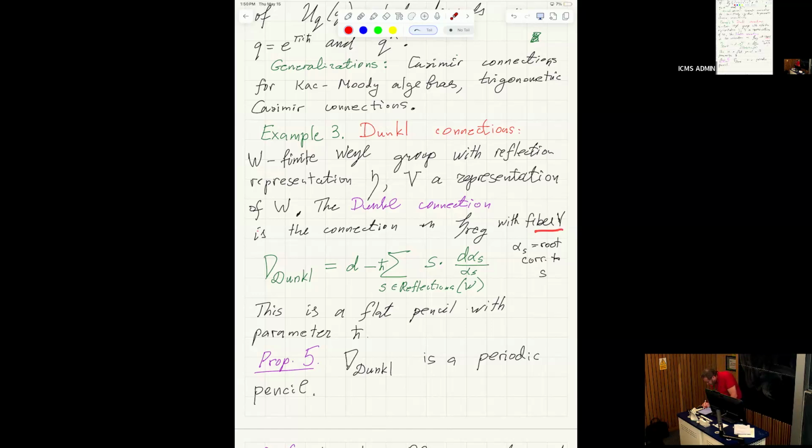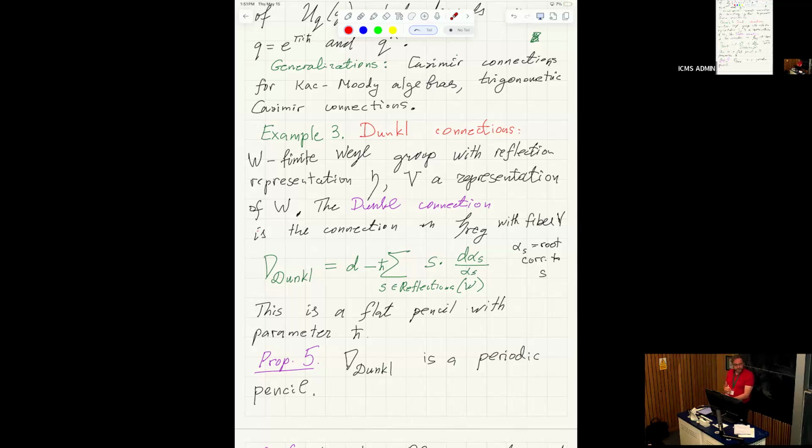And the Dunkl connection is nabla equals d minus h times the sum over the reflections s of s times d alpha_s over alpha_s, where alpha_s is the root corresponding to s. So there is one parameter h in this case, and this is a flat pencil.